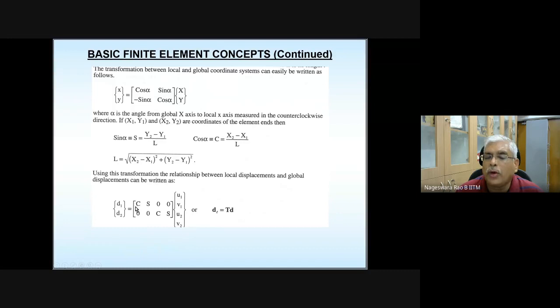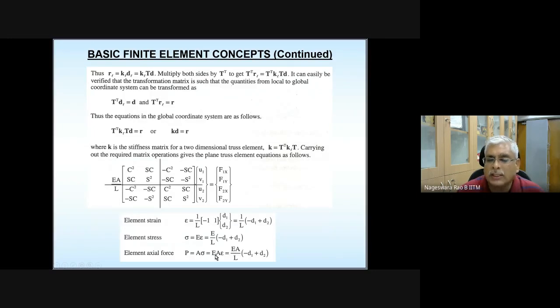For element 2, what is cos alpha? What is sin alpha? Substitute and determine the local displacement at both nodes for element 2, and determine strains, stresses, and axial force for element 2.